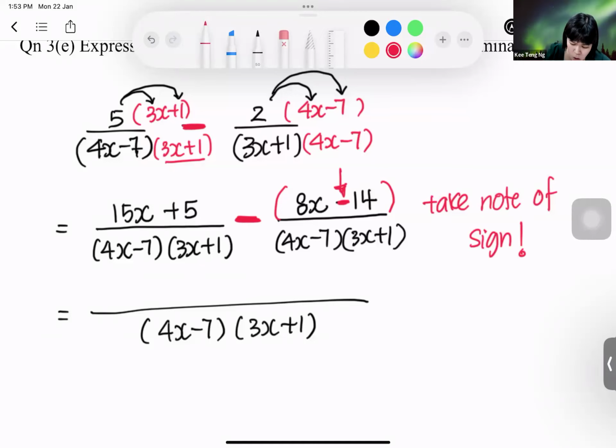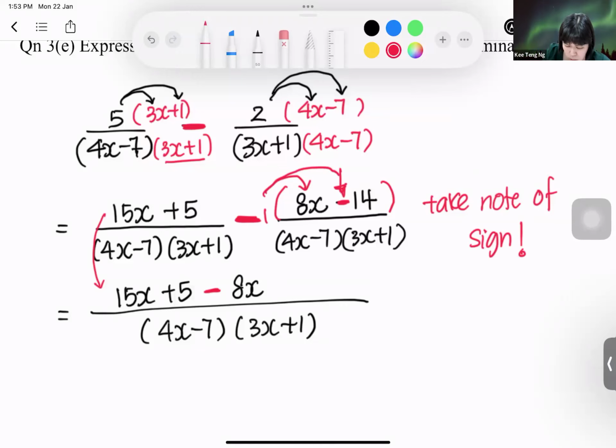So I'm going to write down my first part. This is the same. But here, the second part is negative 1 times 8, so minus 8x. Negative 1 times negative 14, so this one will become, what happened?